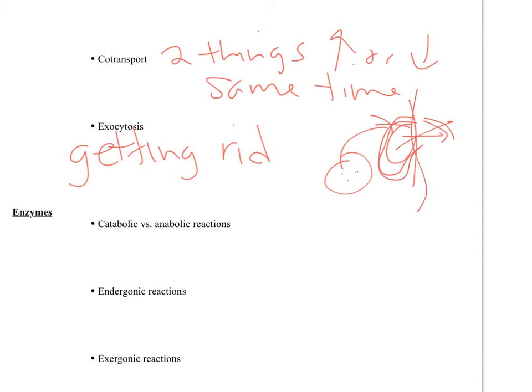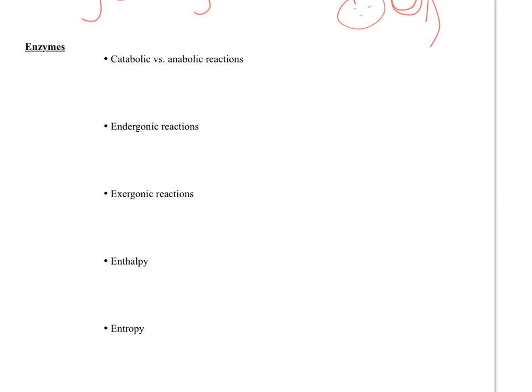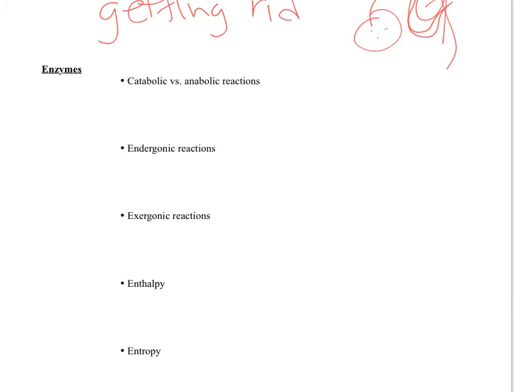All right, starting enzymes. Catabolic versus anabolic reactions. Catabolic breaks polymers into monomers. Anabolic takes monomers and turns them into polymers, so it's the opposite.